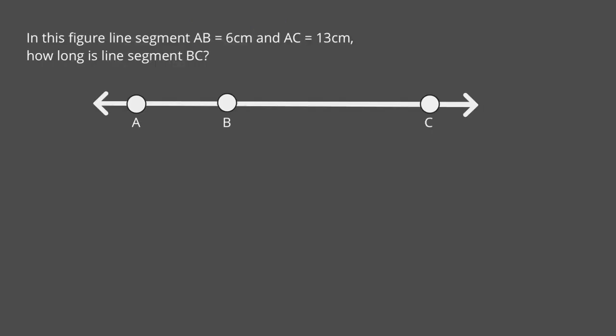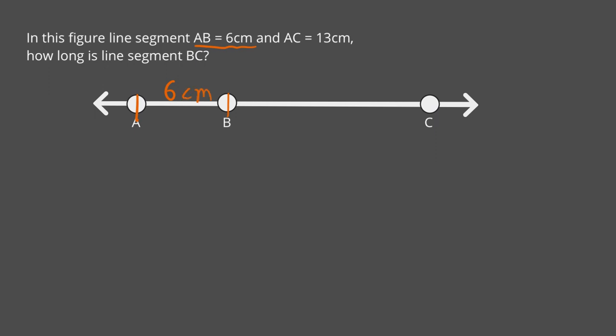Now let's take a look at a word problem. In this figure, line segment AB is 6 centimeters and line segment AC is 13 centimeters. How long is line segment BC? Okay, let's start with line segment AB is 6 centimeters. That is going to be from A to B, and it's 6 centimeters.